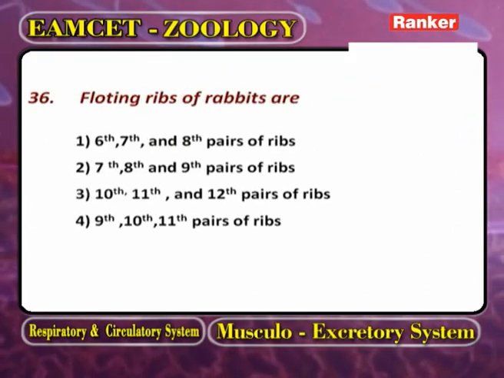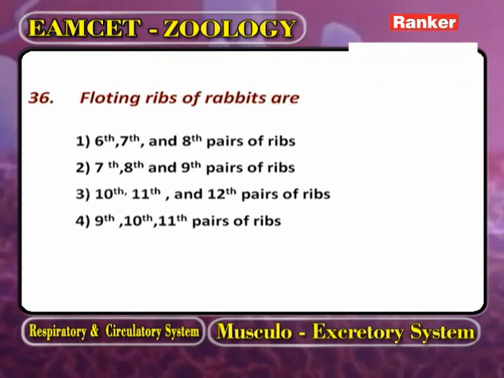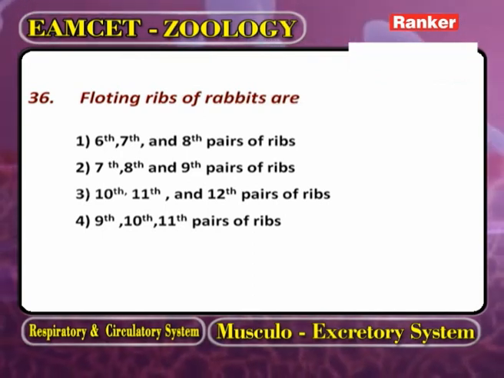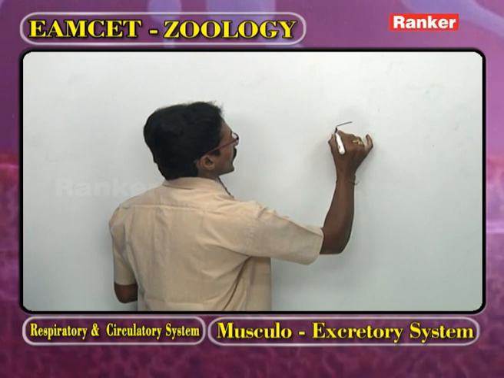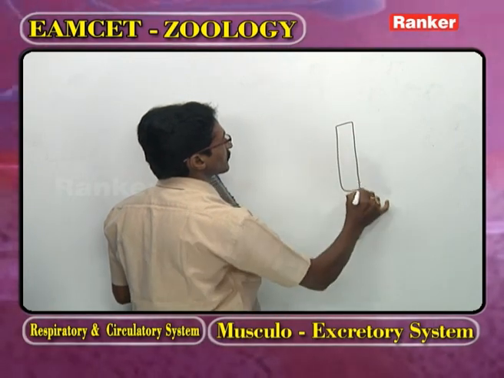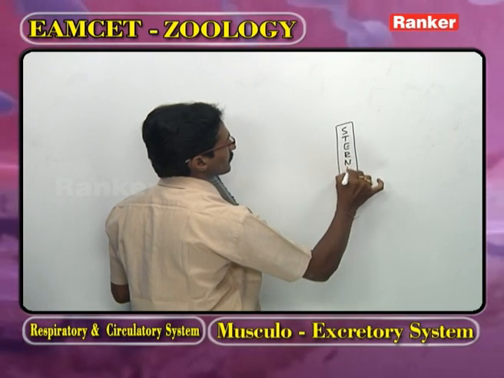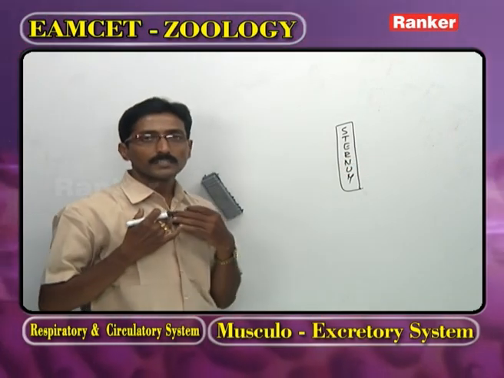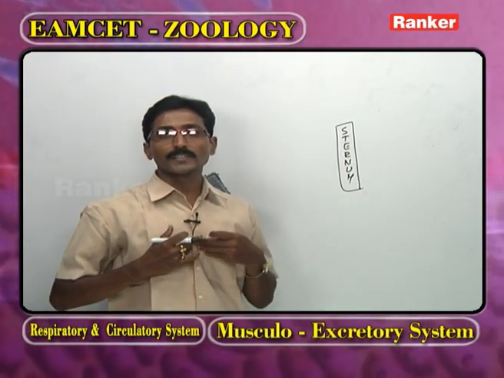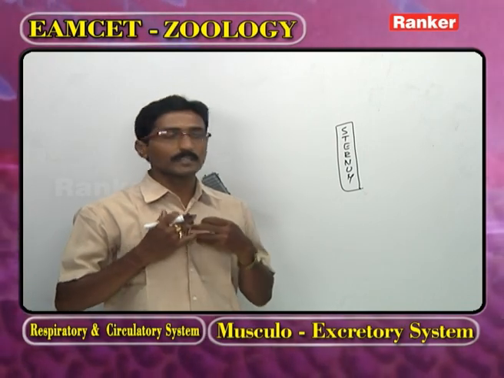Floating ribs of rabbit. Now, this part we call the sternum, on the ventral side of the thorax.